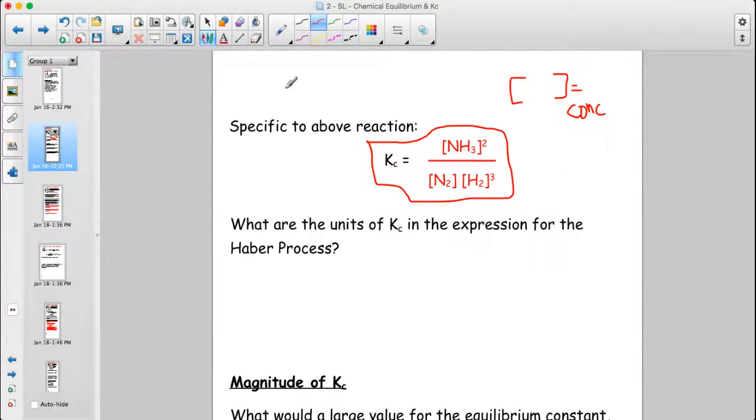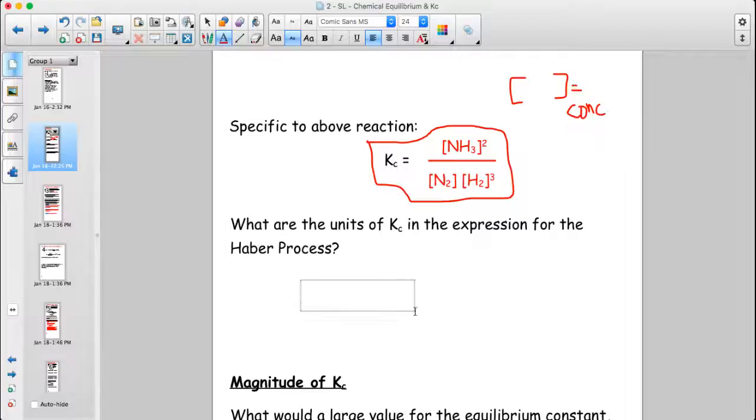Well, the units of Kc are going to come down to the fact that the brackets represent concentration. So every bracket represents mole per dm cubed, mole dm minus 3. So if on the top I have that squared, and on the bottom, if we combine terms, I essentially have that to the fourth because I have N2 to the first, H2 to the third, and when I multiply things, the exponents add.